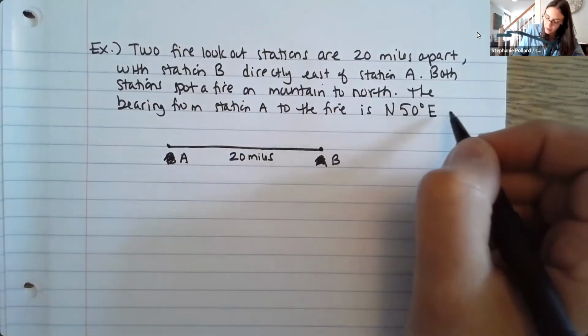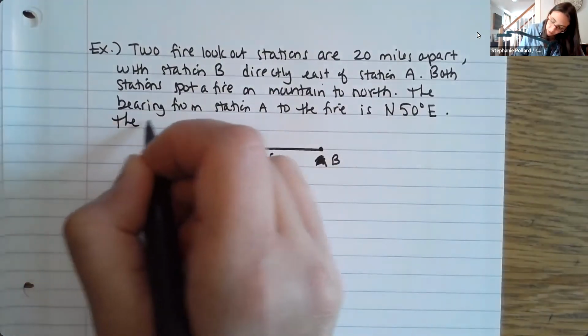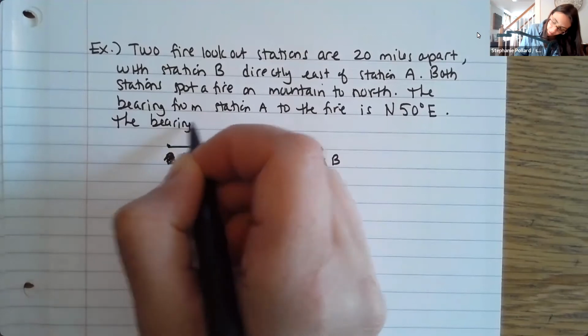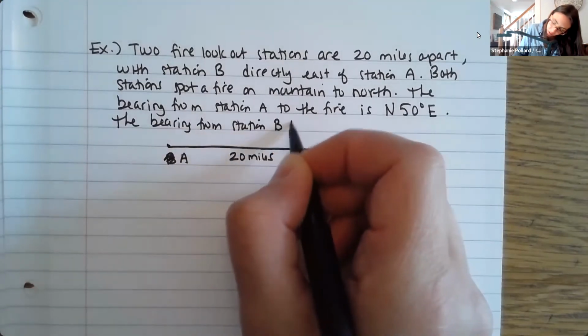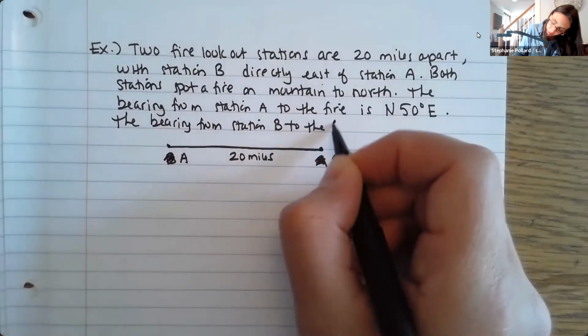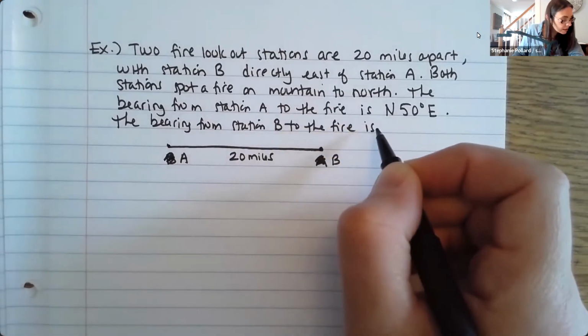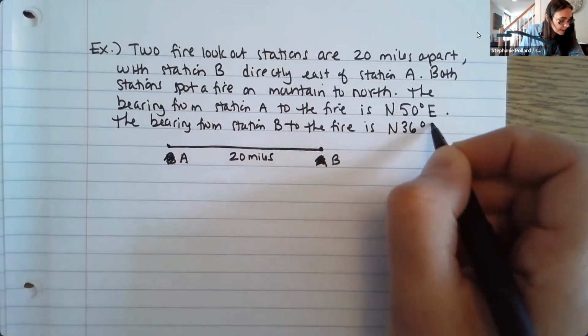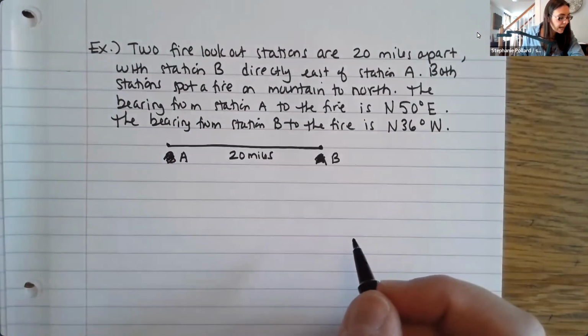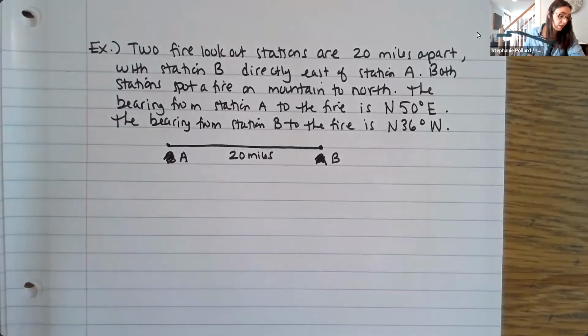And then the bearing, I'm going to have to redraw my picture a little further down, from station B to the fire is, let's see, north, 36 degrees west. And our question is, how far to the nearest 1/10 of a mile is the fire from station A?